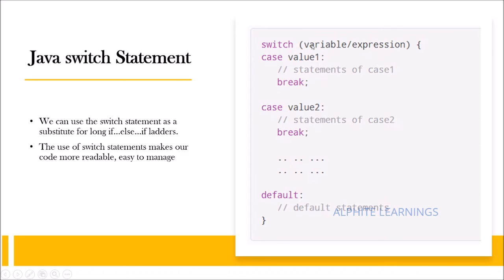for example, let us say I'm passing 1. I want to check 7 cases, like I have to print the day of the week based on the number. If it is 1, I have to print Sunday.